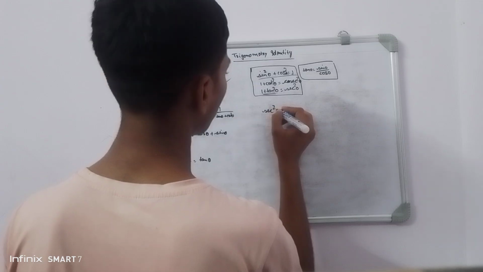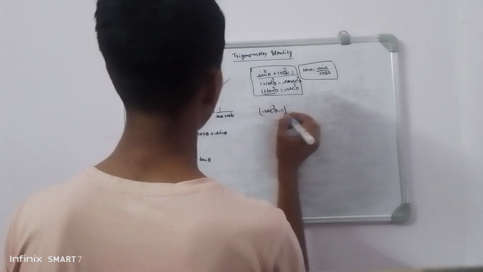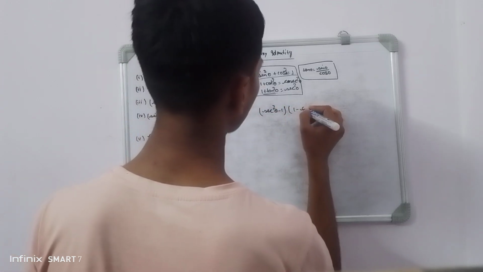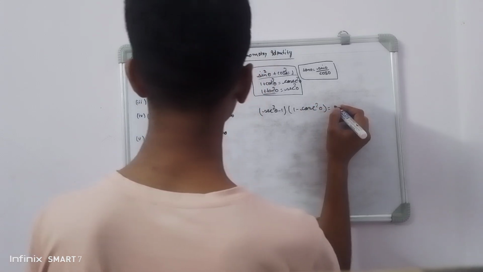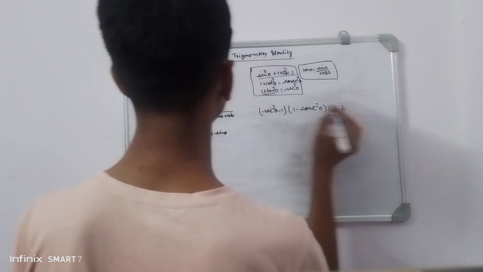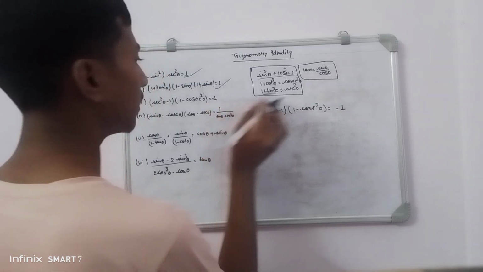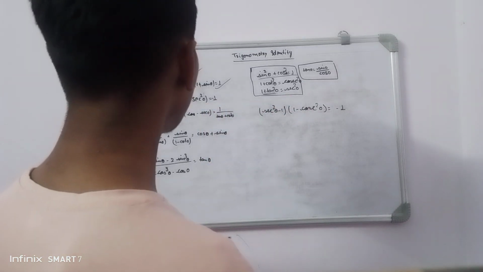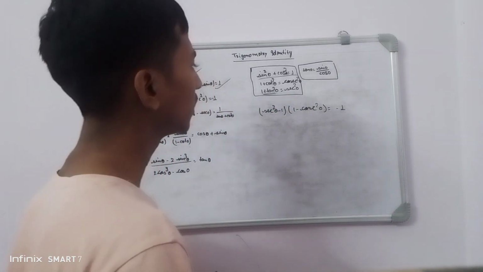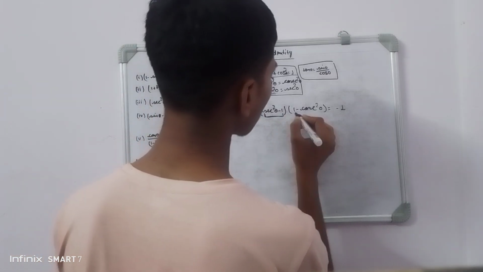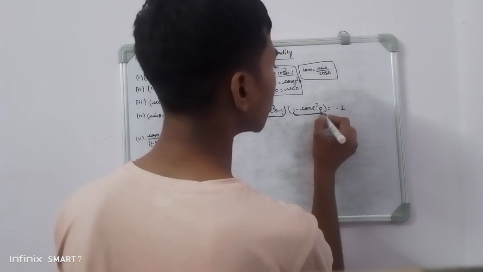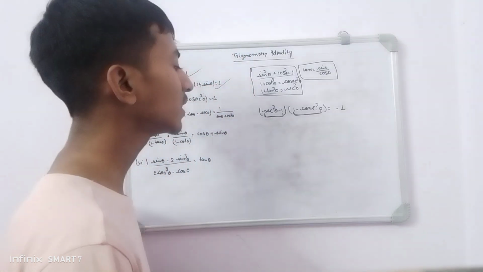The third question is sec square of theta minus 1 plus 1 minus cosec square of theta is equal to minus 1. I think it is written wrong here; we have to write minus 1. So how will you handle this one? As you know, we have squares here and here, which means we can use the identities.